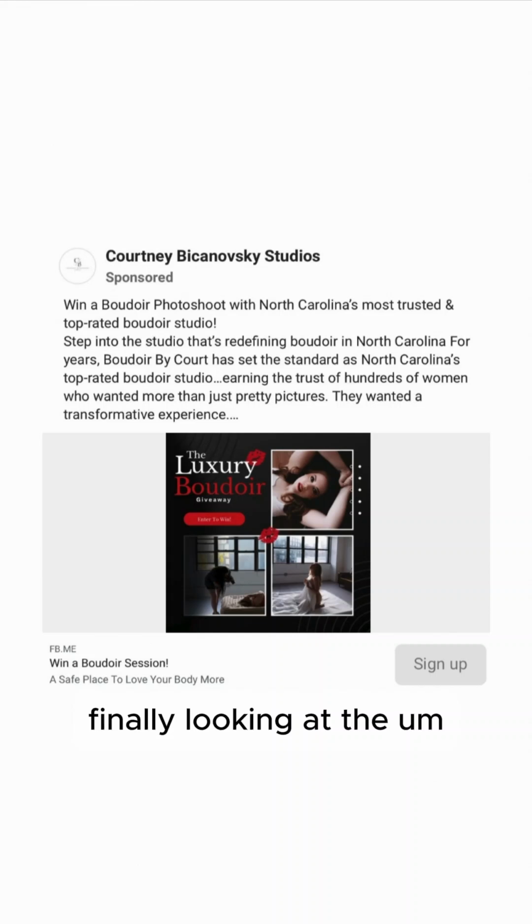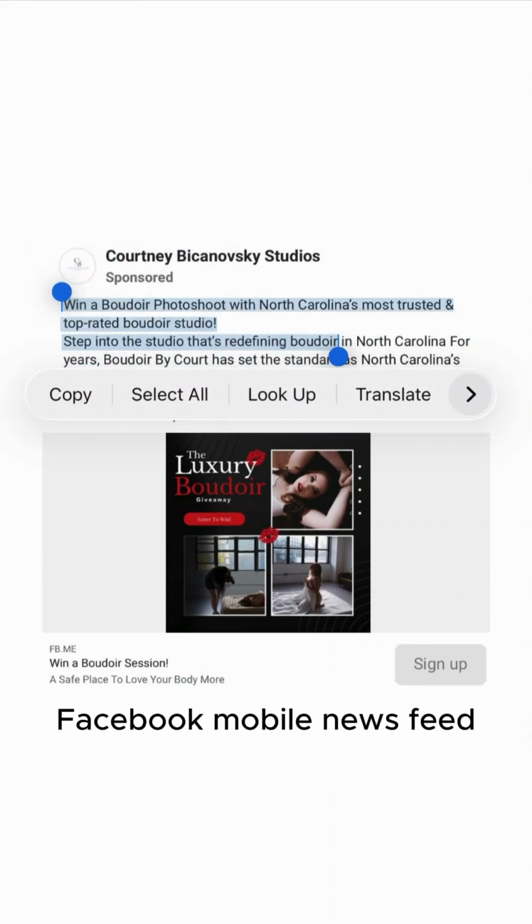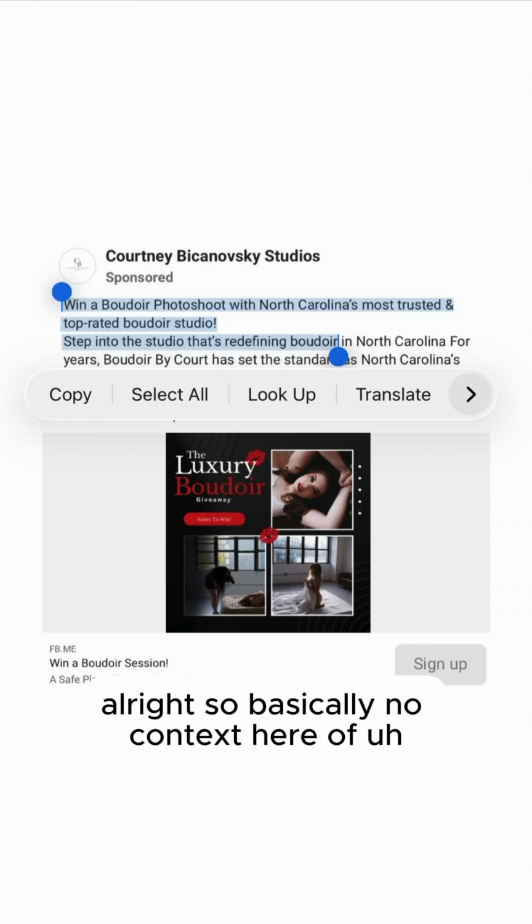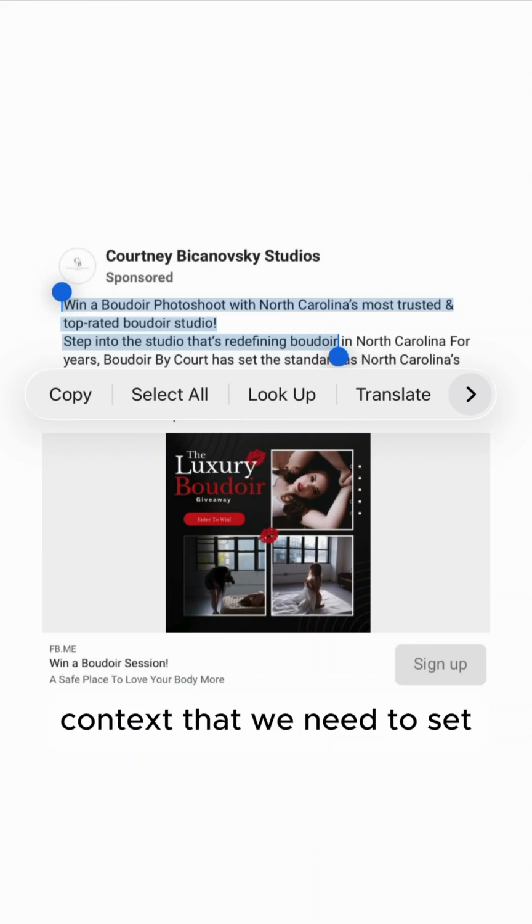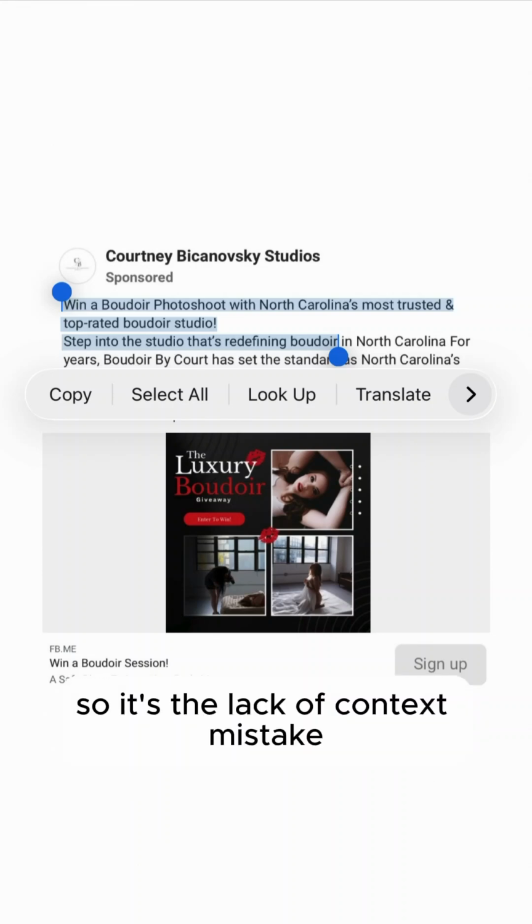Finally, looking at the see more headline here. The first 2 3/4 lines in the Facebook mobile news feed is all people will actually see when they see our ad. So, Boudoir photo shoot, 7 series, funny Boudoir. All right, so basically no context here, context that we need to set. So it's the lack of context mistake.